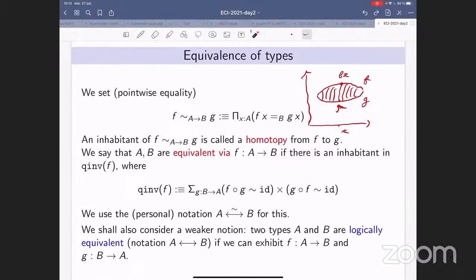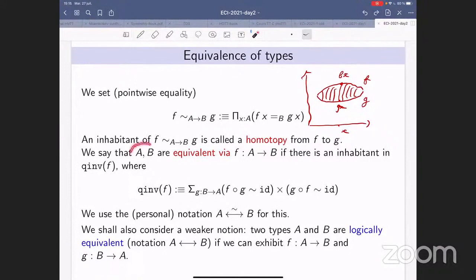Well, when there's a bijection between them, when you have two maps, f and g, such that one composition is the identity and the other is the identity. Here it's the same idea, except that it is up to homotopy, or up to propositional equality once we have function extensionality.